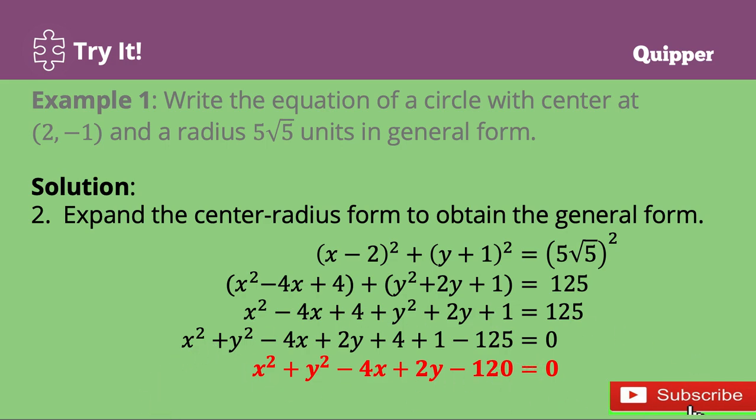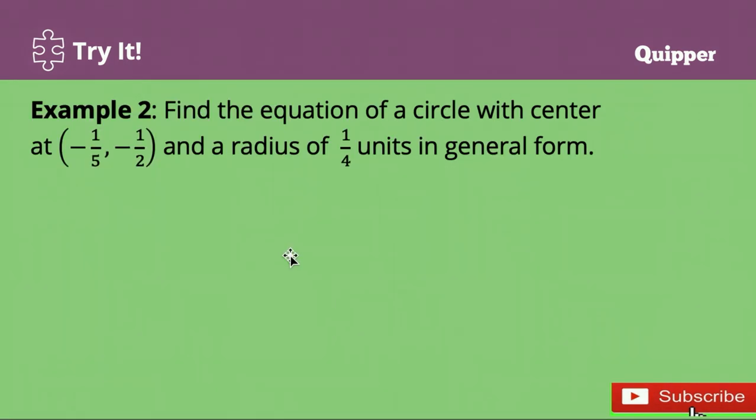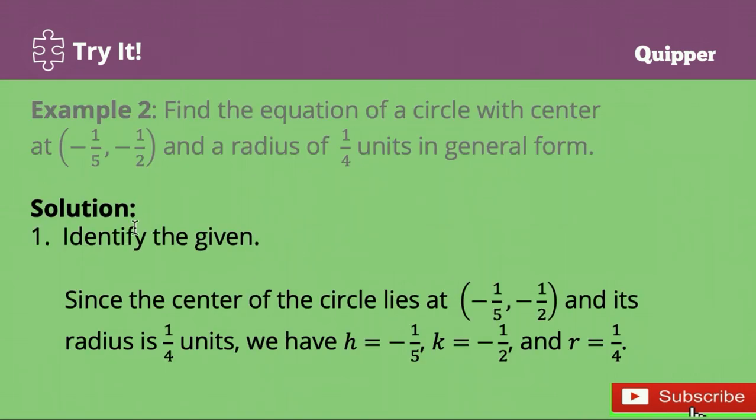This is the general form. Example number 2. Find the equation of a circle with center at (-1/5, -1/2) and a radius of 1/4 units in general form. Here's the solution. First, identify the given.